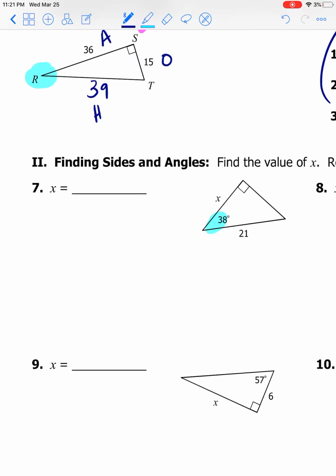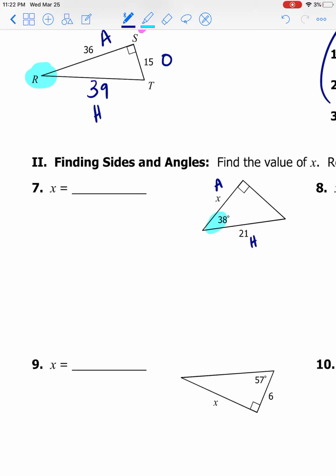So x is adjacent, 21 is the hypotenuse. It's really important, guys, that you don't mistakenly say that 21 is adjacent just because it's next to the angle. While it is adjacent to the angle, it is the hypotenuse, because it's across from our right angle. So there's no room for error there. If you get that wrong, the whole problem is just going to be thrown away.